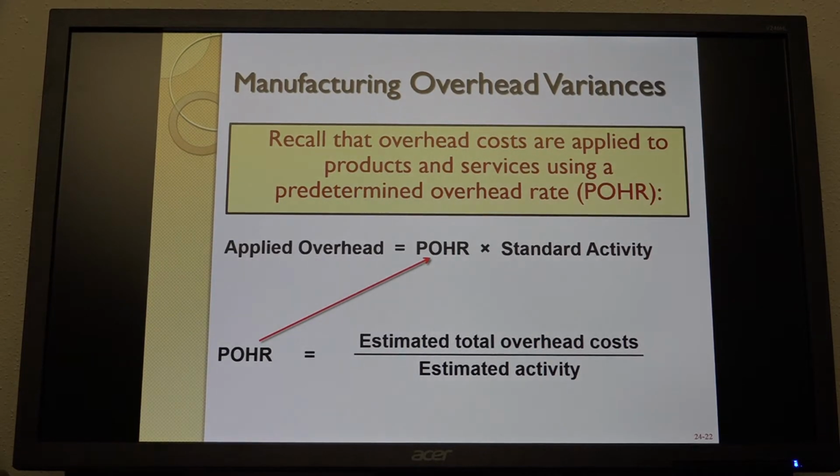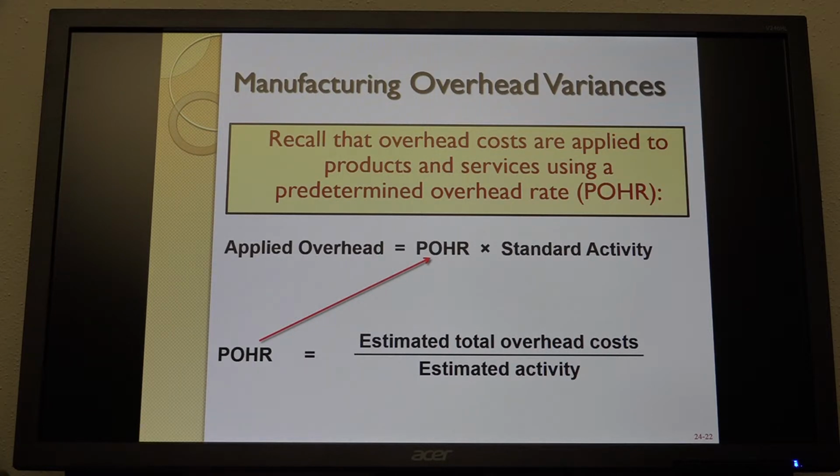All right, as far as manufacturing overhead variances, recall that overhead costs are applied to products and services using a predetermined overhead rate, our POHR. The POHR is determined by taking the estimated total overhead costs for the period and dividing it into the estimated activity, which usually is the estimated number of units that you plan to produce in a particular period.